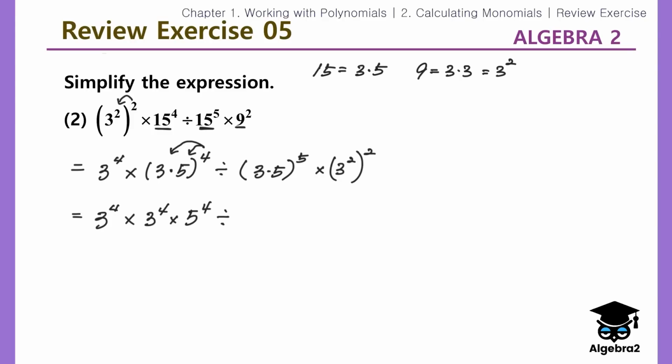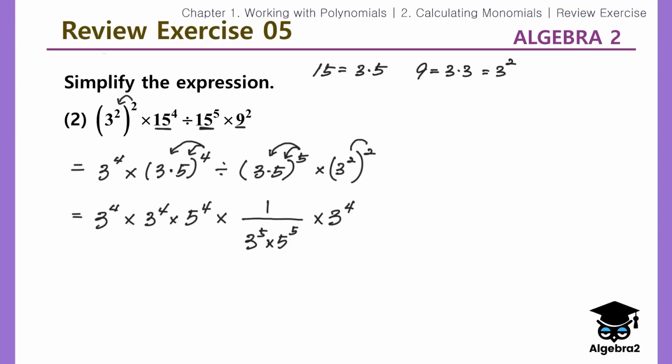Well, let me actually convert this division to multiplication, okay? So times 1 over 3 to the power of 5, times 1 over 5 to the power of 5. Here, this is a multiplication, okay? So times 2 times 2, that's 3 to the 4, right?